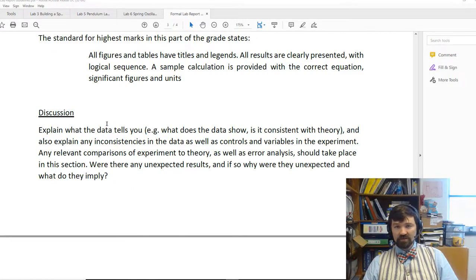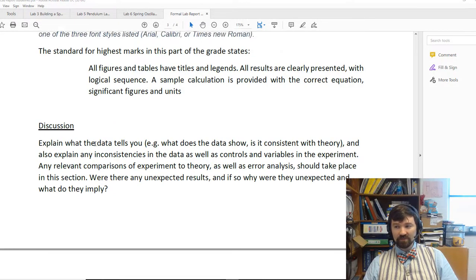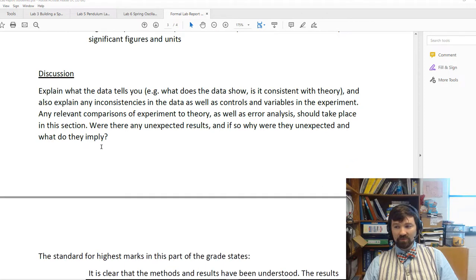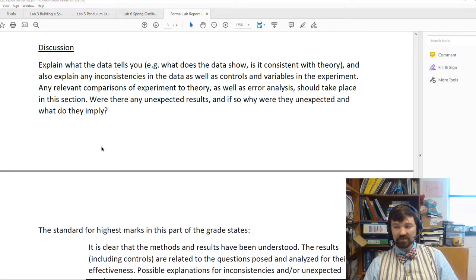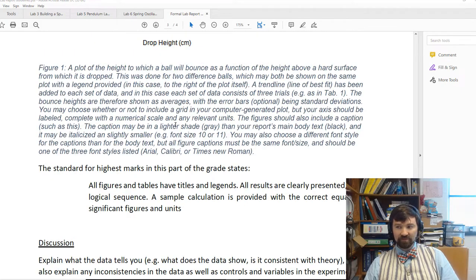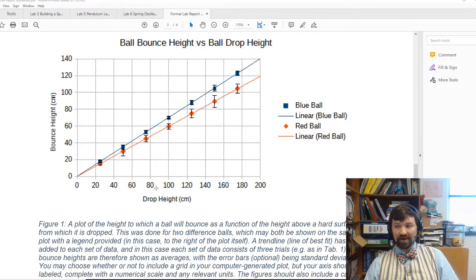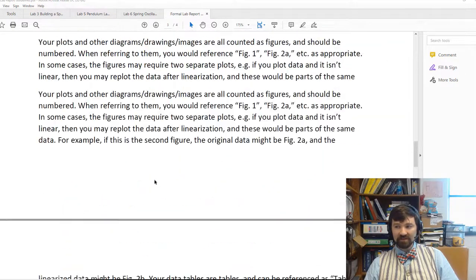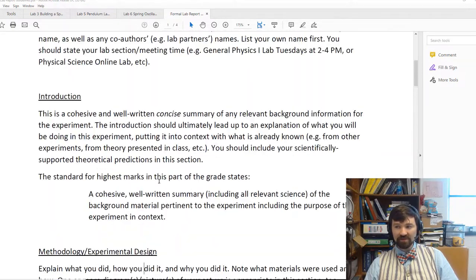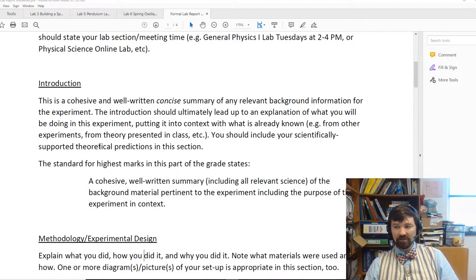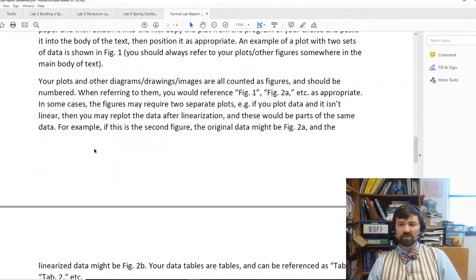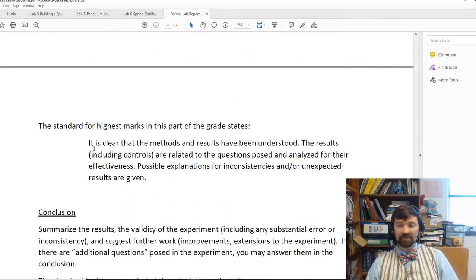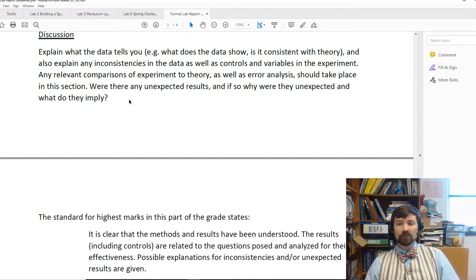All right, in the discussion section of your lab write-up, what you're basically doing is now looking back at the data from the previous section, especially your graphs, and looking back at the predictions that you made back here in the introduction, and essentially discussing those two things with each other. So, or comparing and contrasting them, if you will.